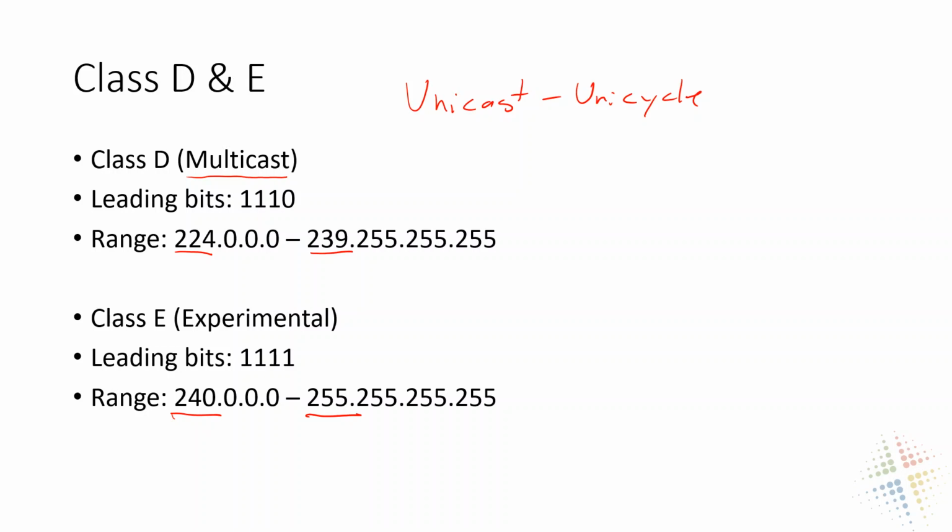One thing you'll notice about classes D and E, there is no subnet mask. There are no networks per se, so there is no count of networks. There is no count of hosts. It is simply a range of addresses that can be used for multicast and a range that can be used for experimental.